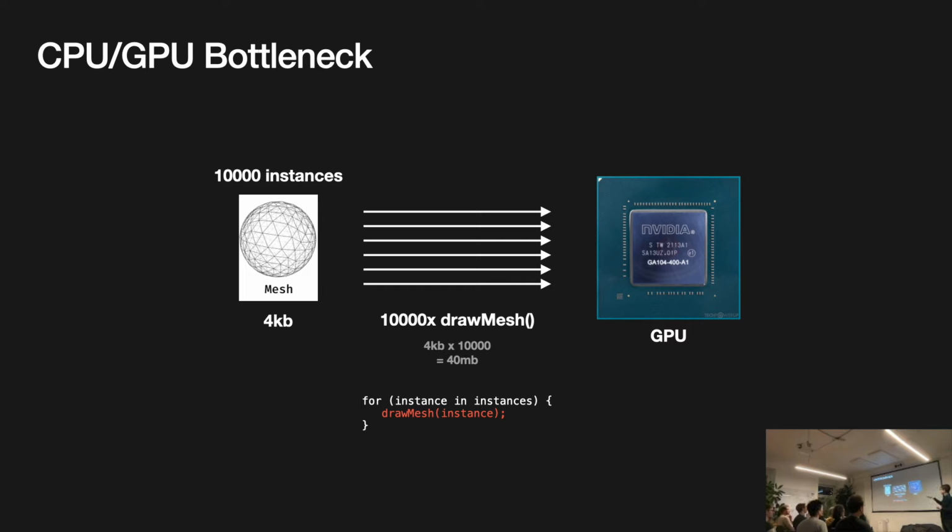Imagine that you want to display 10,000 instances of a 3D sphere. What you would do is a for loop in which for each sphere you ask the GPU, hey, draw me this, draw me this. And it creates some sort of waterfall between the CPU and the GPU in which you're wasting a lot of time, because the CPU is constantly waiting for the GPU to finish and every time it doesn't have time to synchronize.